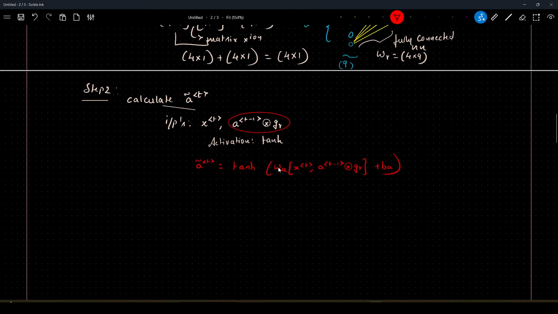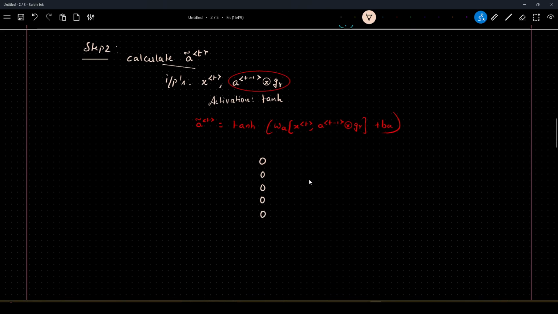So how does this look? As we drew the neural network for the first step, calculating the reset gate, we'll do the same thing here. xt again has 5 features, so we have fixed that. We will not change that. At minus 1 and gr are 4-dimensional each, and we are doing pointwise multiplication.